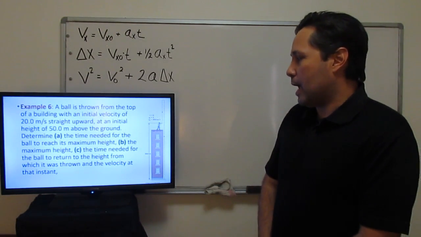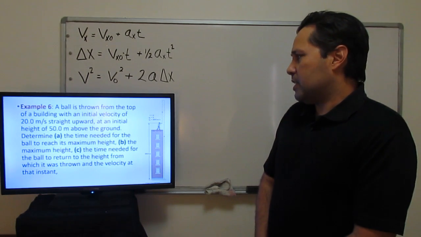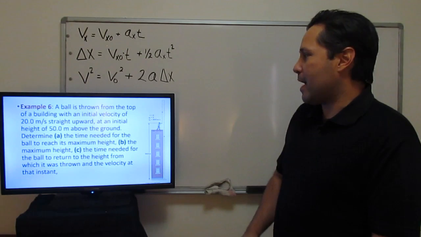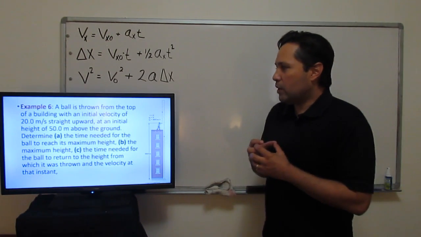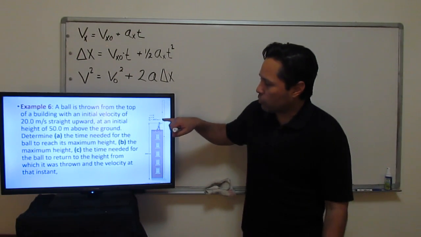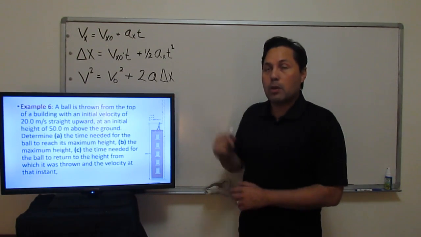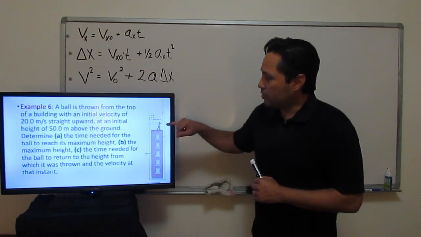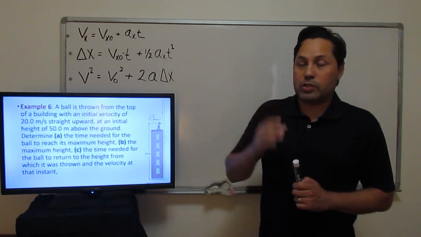And part A, they're going to ask you to determine the time needed for the ball to reach its maximum height from here to there. Now, not given to us, but we've got to assume, is how fast, as the ball's rising, is it going when it reaches the apex, the top? The answer is it's going to go up, up, up, and then stop right there. It reaches a velocity of 0.